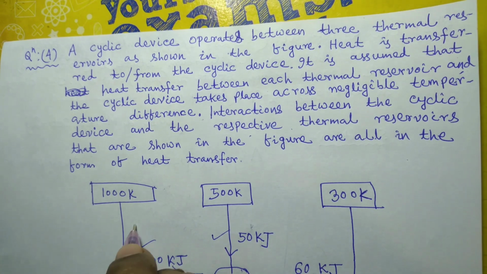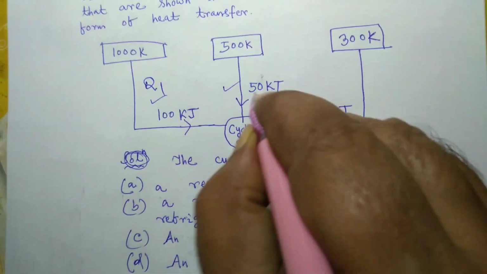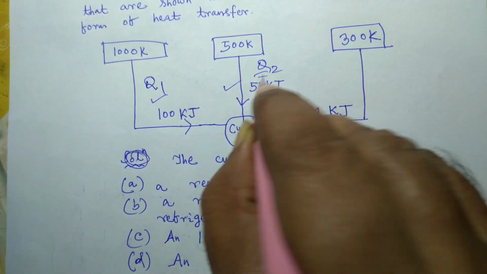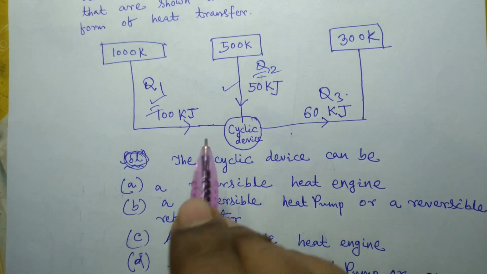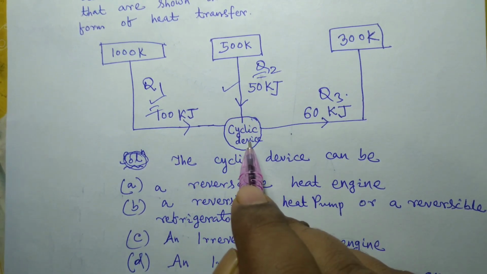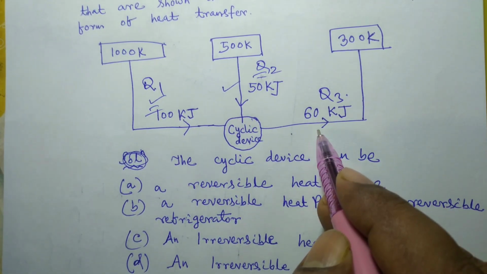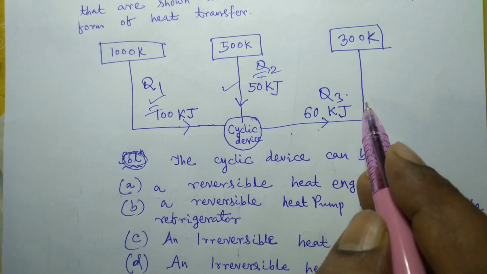Suppose this one is Q1, this one is Q2 and this one is Q3. These two heat interactions are towards the cyclic device and this heat interaction is away from the cyclic device.